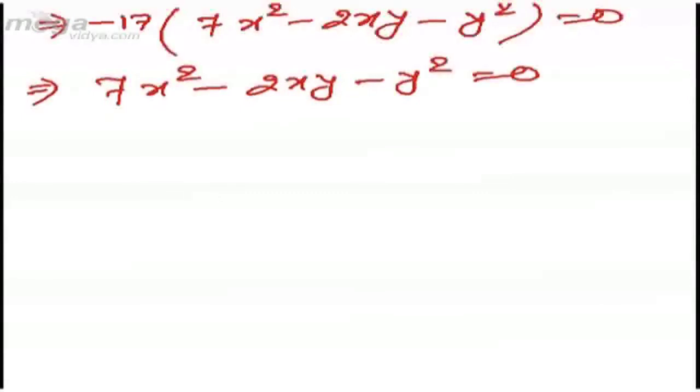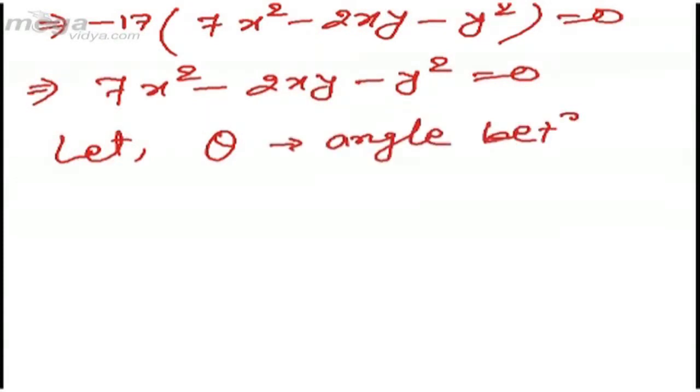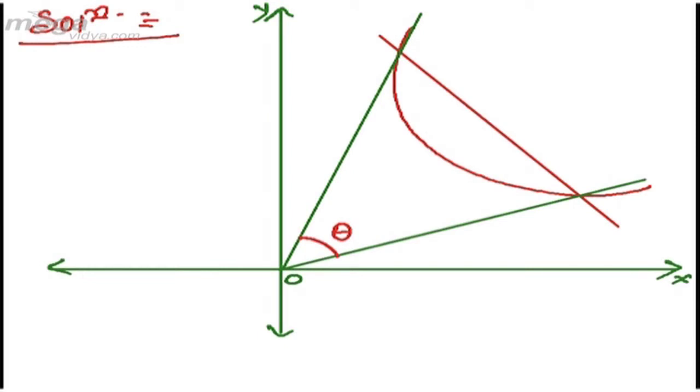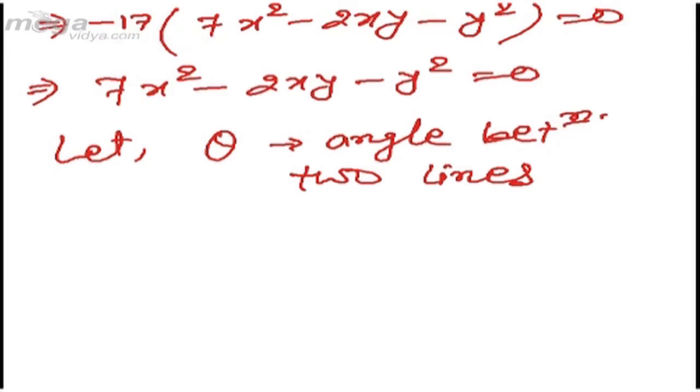Now suppose theta be the angle between two lines, and those two lines are these two green lines, whose equation is 7x square minus 2xy minus y square equal to 0.